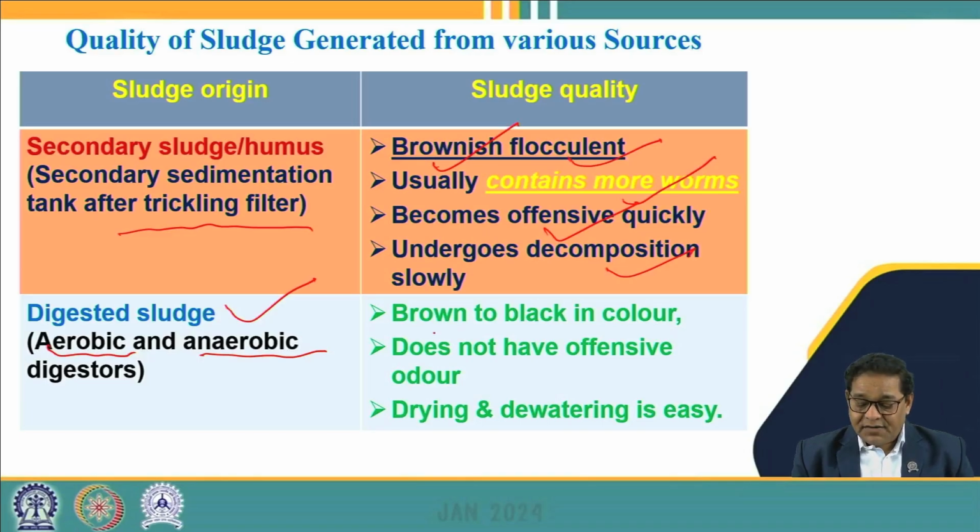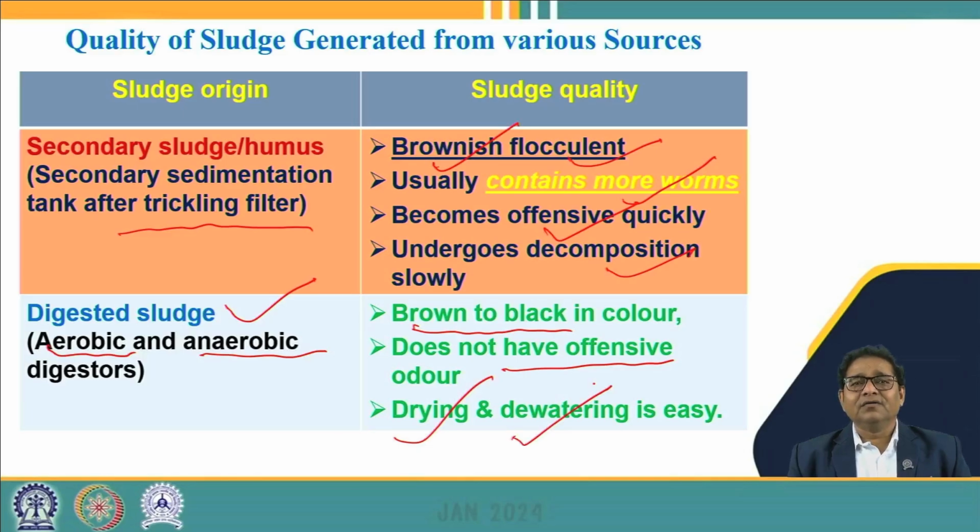Its color is from brown to black, it has no offensive odor, and most importantly it can easily be dried and dewatered. So these are the different characteristics of sludge generated from different sources, and these characteristics are very important in designing sludge treatment facilities.